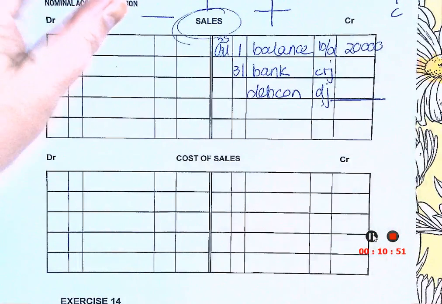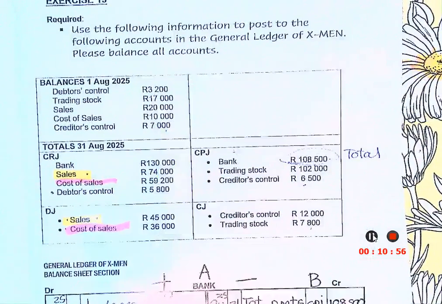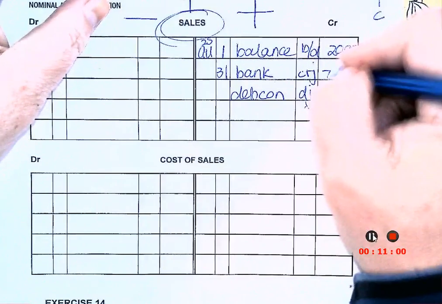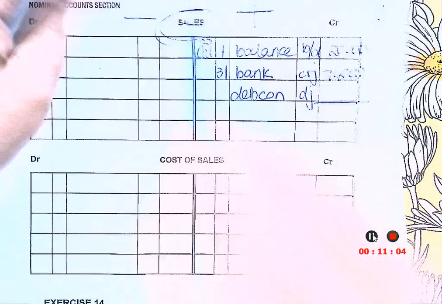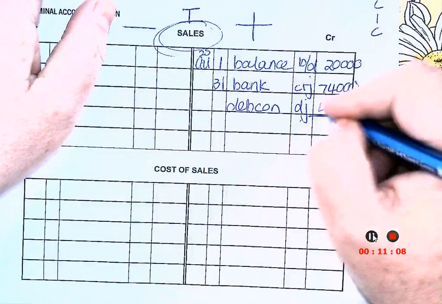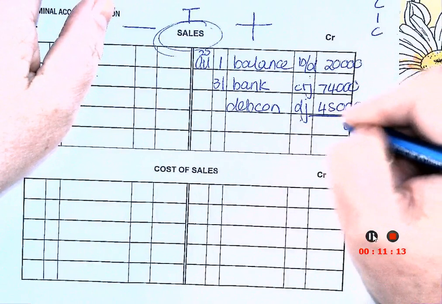I see sales is 20. No, I'm lying. 74. When I go to the DJ, I'm going to look for sales, and I see it's 45. And when I total it, I know it totals as 139.